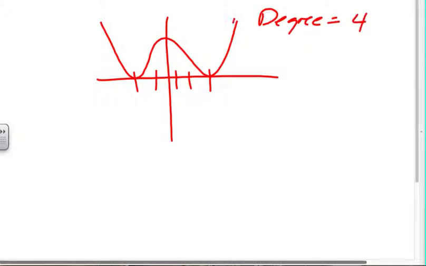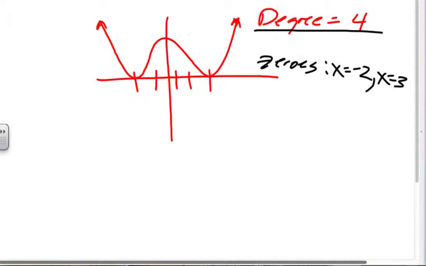Now we know we're going to have an even one anyway, because my end behavior would go up in both the positive and the negative sides of this. So the first thing we do then is we come in and look for our zeros. And our zeros are at x equals -2 and x equals 3. Notice we have a degree of 4, but I only have 2 zeros.